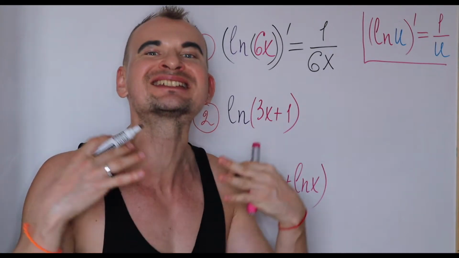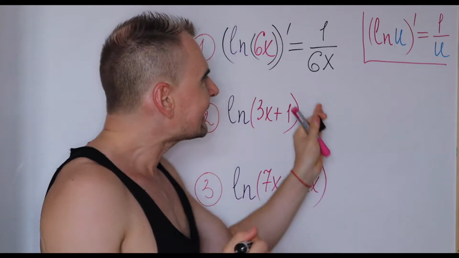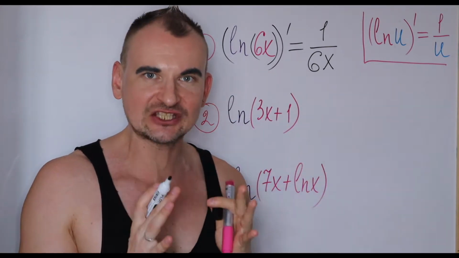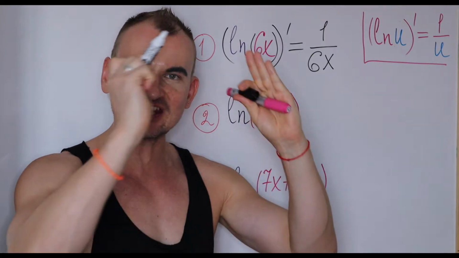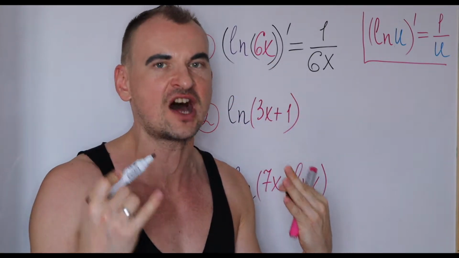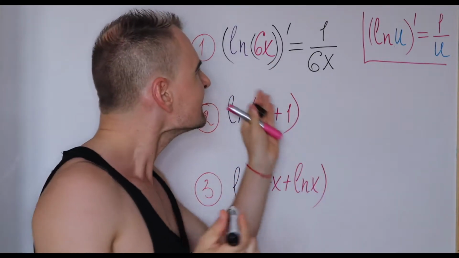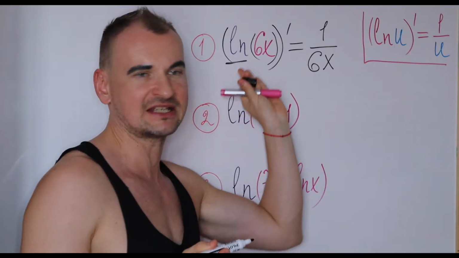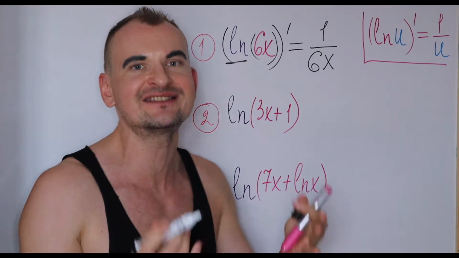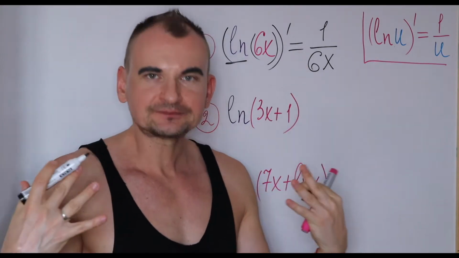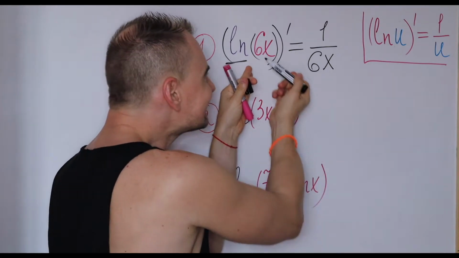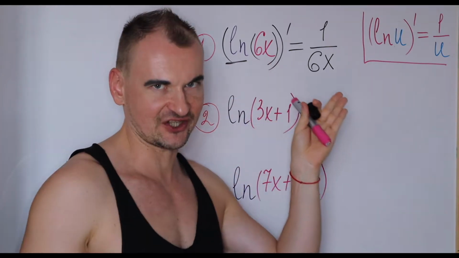It's ln of 6x. And recall that the chain rule basically asserts all you do is take the derivative of the outside function, your outer function. In this case, your outer function is ln, basically for all of these cases, since ln comes first. The inner function, what is inside, is 6x in this case.